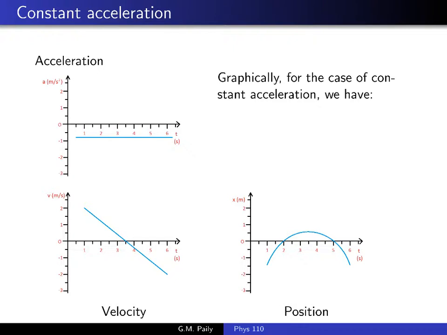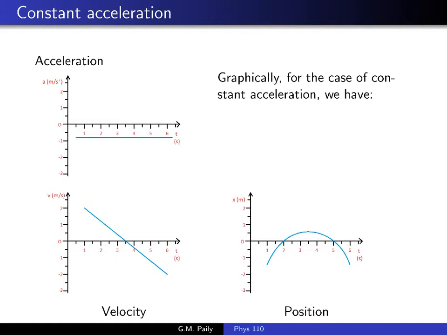Well, if the acceleration is constant, then we have a flat horizontal line. In this case, I have shown a constant negative acceleration, but it could be a constant positive acceleration or even zero acceleration. The velocity will be a line of constant slope, and the slope will correspond to the acceleration.